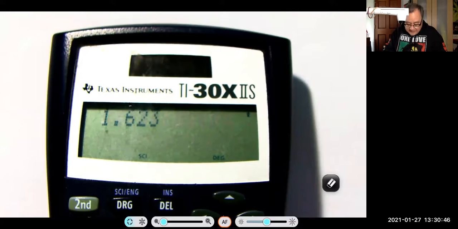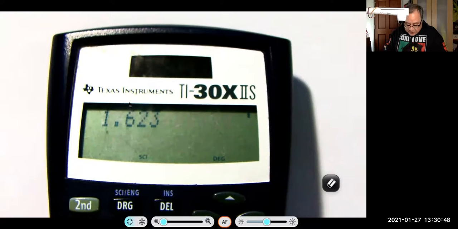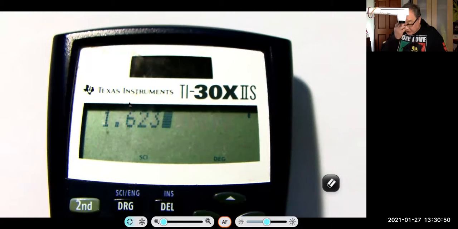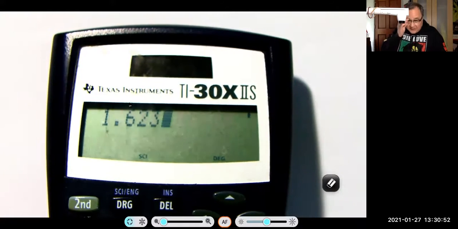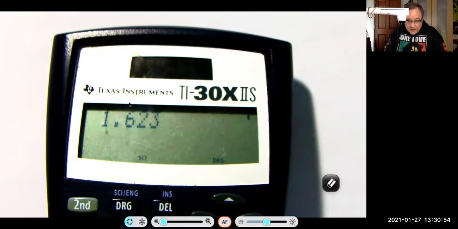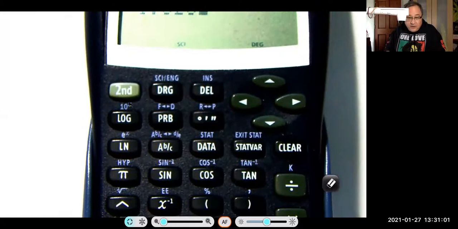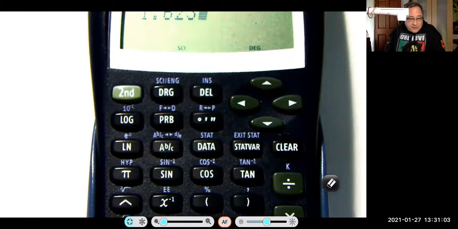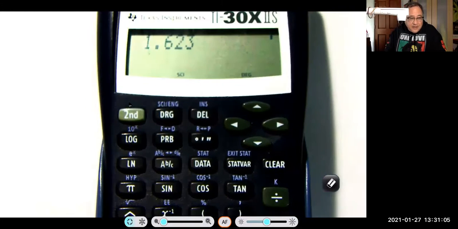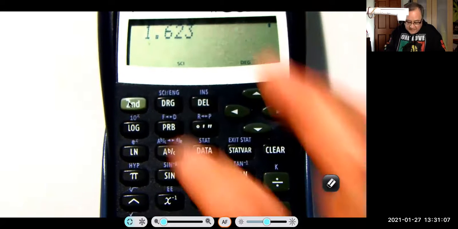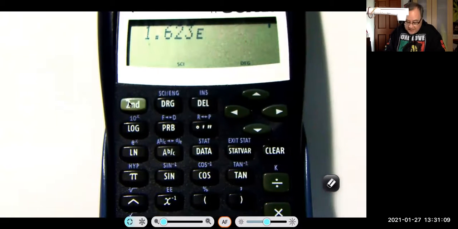So this is A. And to do 10 to the third, there's 2 ways to do it. There's the best way, and then there's the other way. The best way is to use this little button here that says EE. So what I'm going to do, I'm going to press second, EE, and I'm going to push 3.